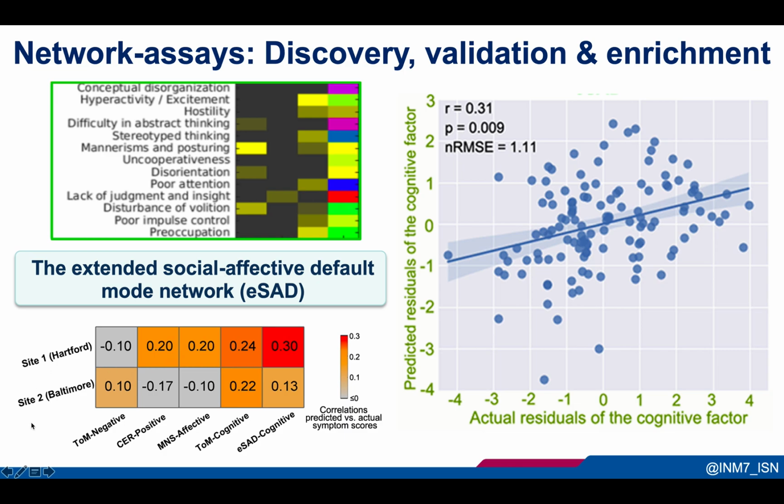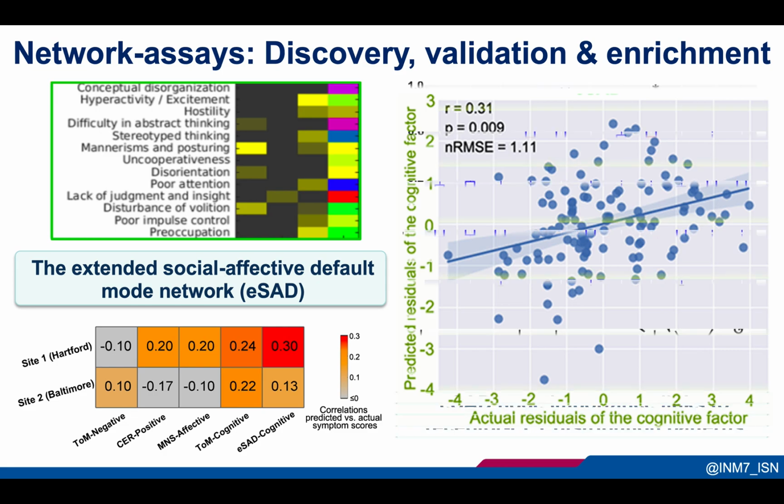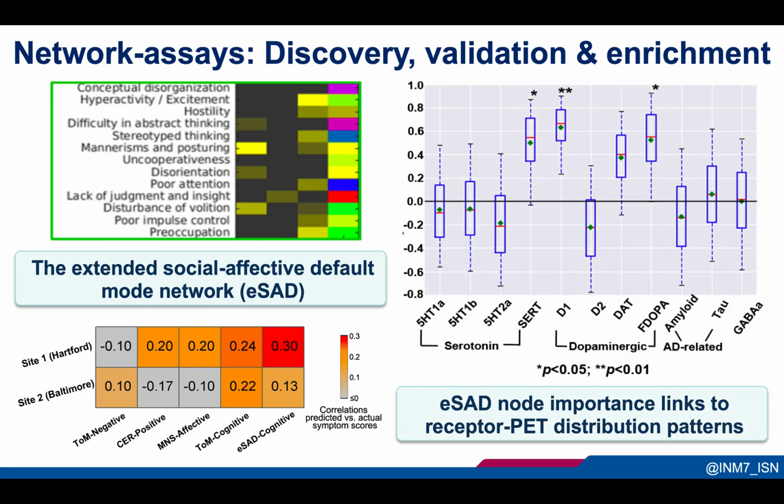So we had 2 completely new sites, Hartford and Baltimore, and there were 6 formally significant associations through both tenfold and leave-one-site-out validation in the original multi-site data, but only 2 of the 6 associations also generalized to these 2 new independent sites. And as a last step, we also performed enrichment analysis looking at receptor distribution patterns in the respective networks.